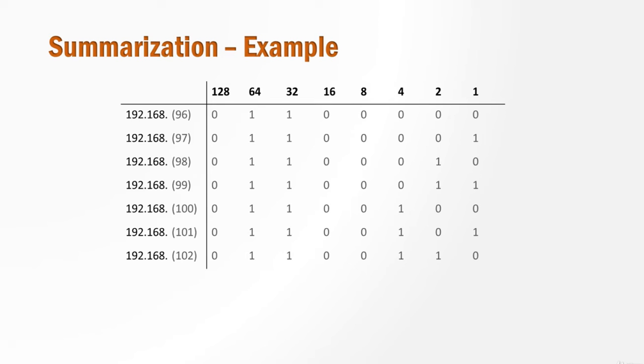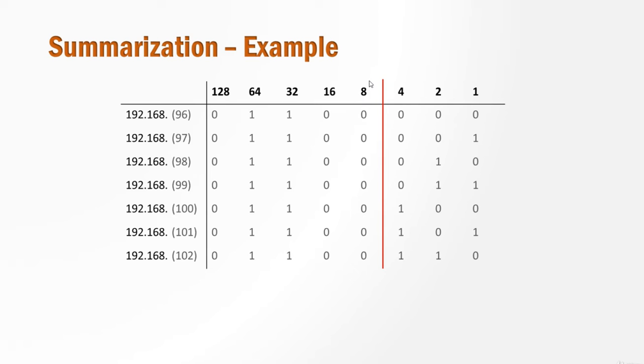So I'm just going to draw a line right here, and this line is actually going to be our new mask. We're going to copy all of the bits that match, so all of the bits from the first bit until the 21st bit, and this is going to be the 21st bit because we are in our third octet here.